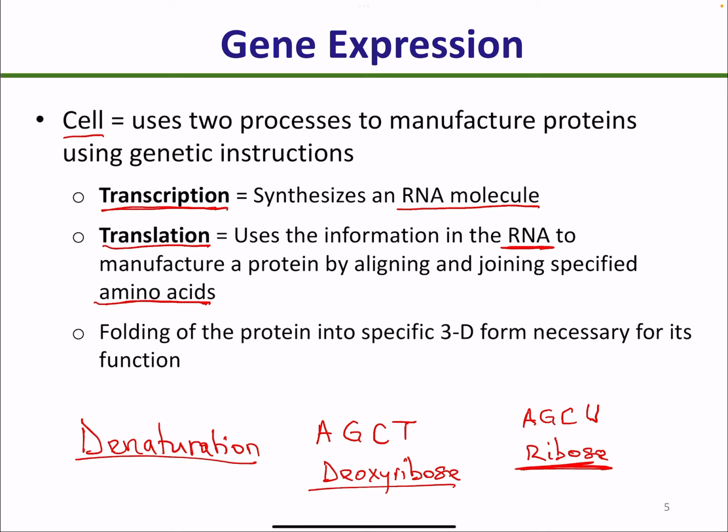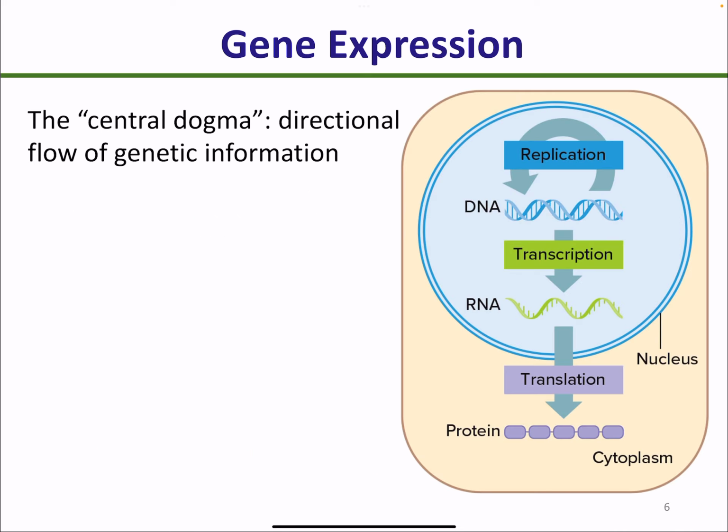What are some conditions that can cause denaturation? We're going to have a tremendous shift in the temperature or a tremendous shift in the pH. But let me close that parenthesis and let's come back to gene expression.